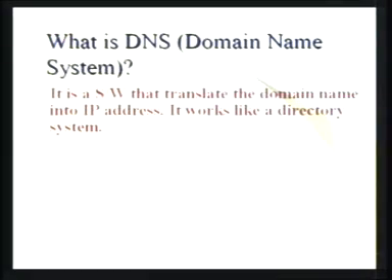Now another important concept we have to understand in the context of the internet is DNS. You know that each machine must have a unique IP address, otherwise information will not be transferred from your machine to another machine. But remembering the numeric address, which comes in 4 octets, is very difficult.